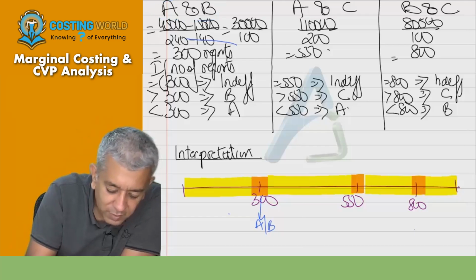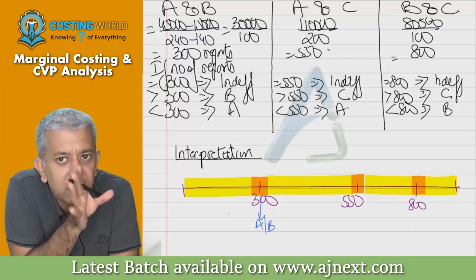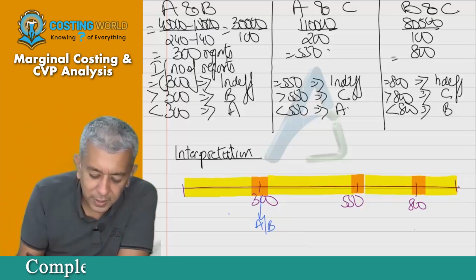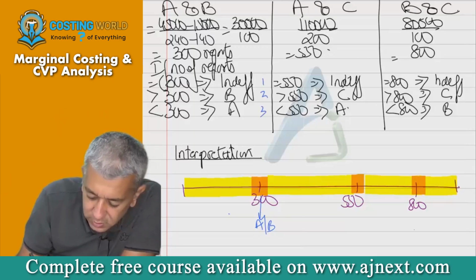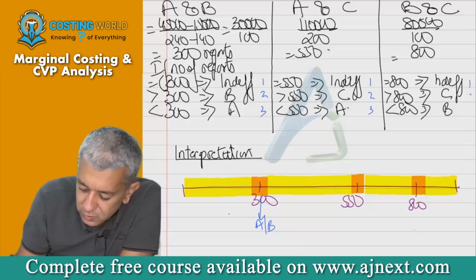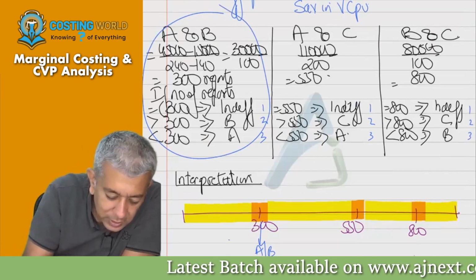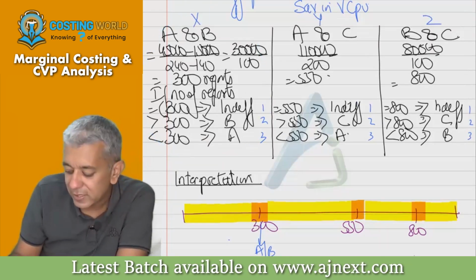Okay. We are comparing A and B. So I am thinking under A and B. Under A and B, which option is better? You all tell me under A and B. Just say this is 1, this is 2, this is 3. Okay. And apart from this, this vertical I am calling X, this vertical I am calling Y, this vertical I am calling Z. Okay.